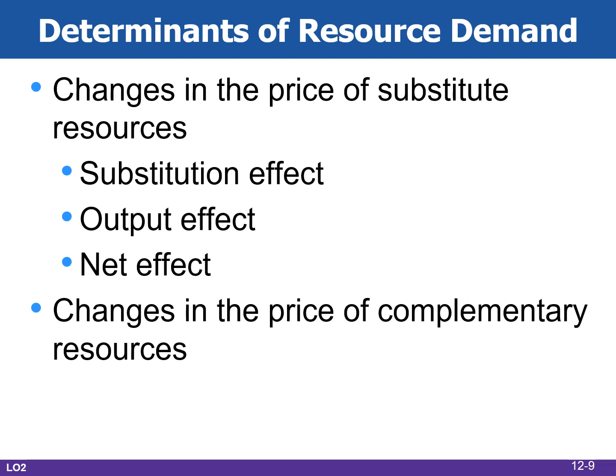So in essence, capital, machinery, has become so efficient it replaced labor, and the output effect did not grow nearly enough to outweigh the substitution effect. The net effect is a significant decline in demand for labor in the steel industry.